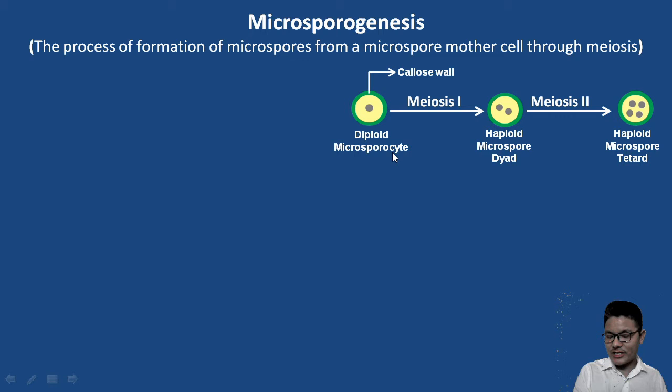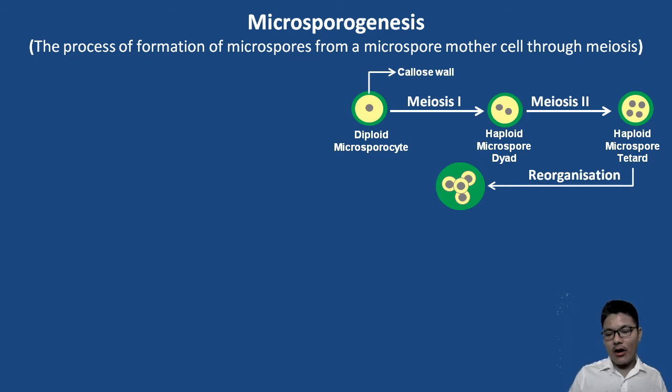So the microsporocyte will undergo meiosis to form 4 microspores, and these 4 microspores are haploid in nature, and all these 4 microspores are protected by the callose wall. Later there is reorganization of these haploid microspore cells.